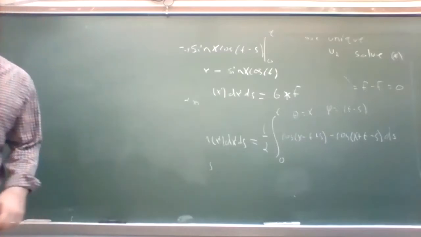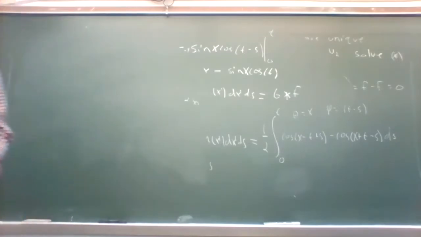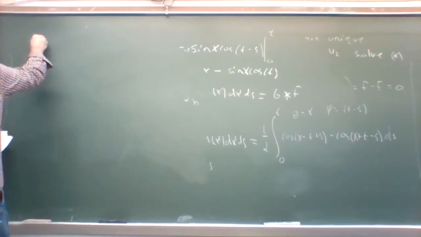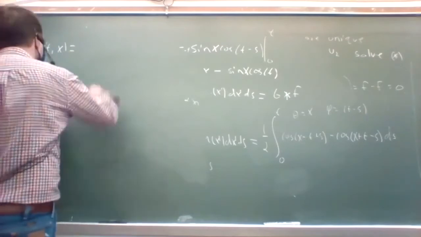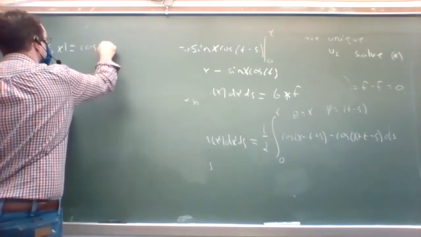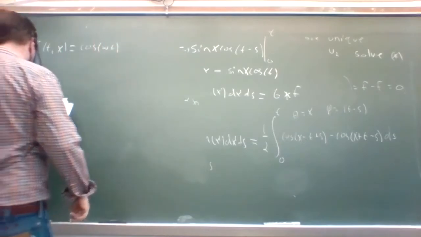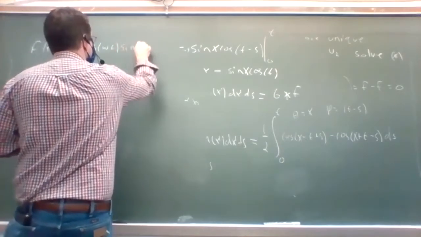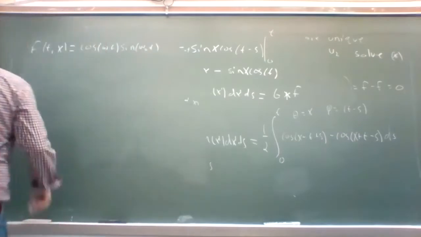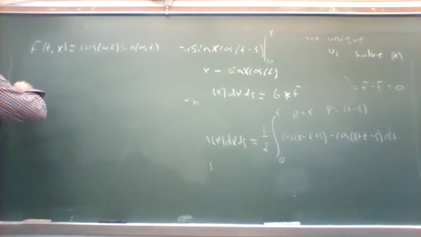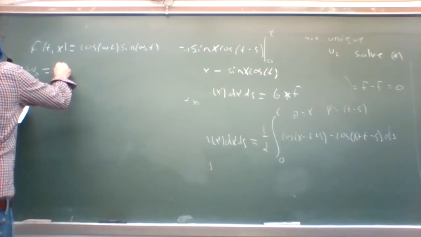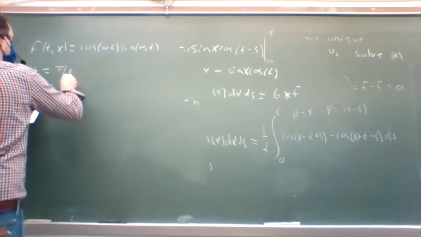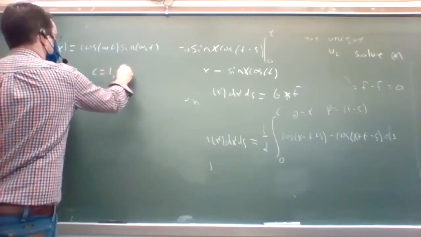Let's do another problem. Let's take the same setup, but a new forcing function. Let's take f of t, x to be equal to cosine of omega times t times sine of omega naught times x, with omega naught equal to pi over L. Let's take c equals 1.